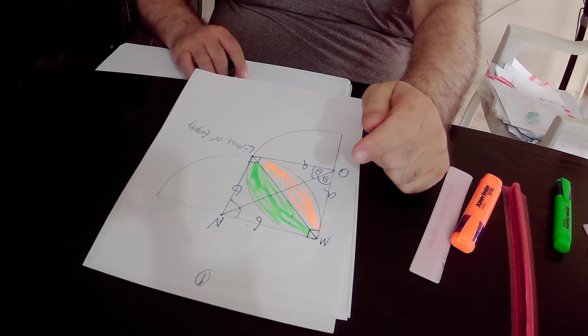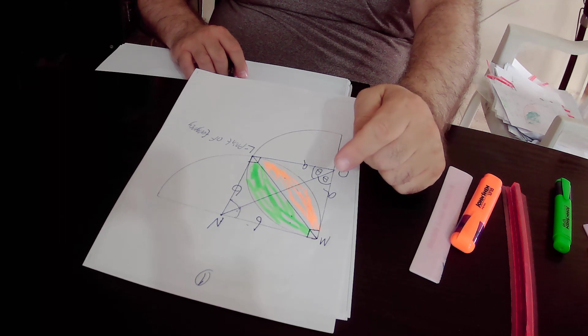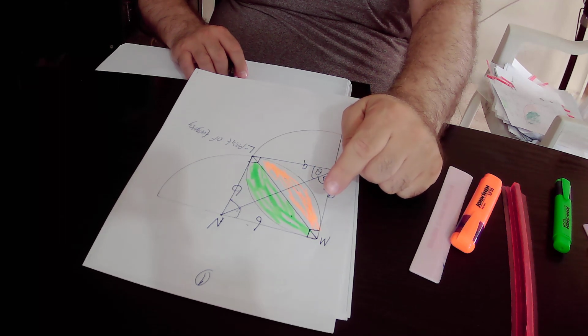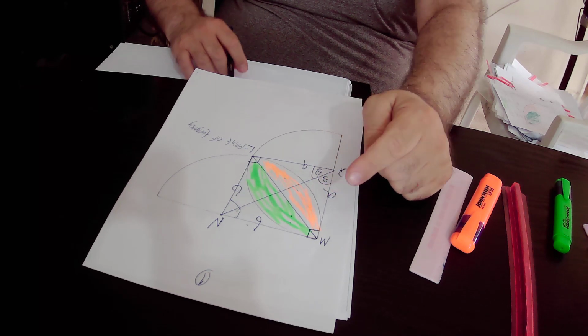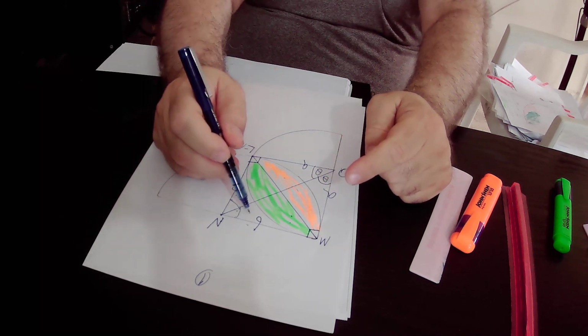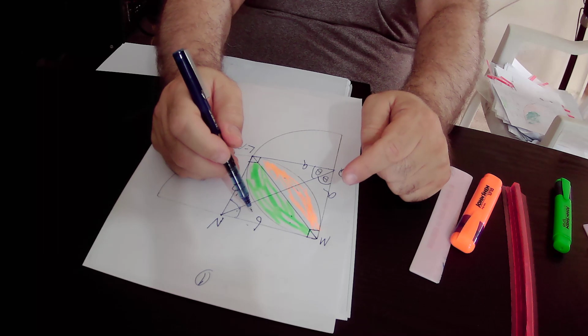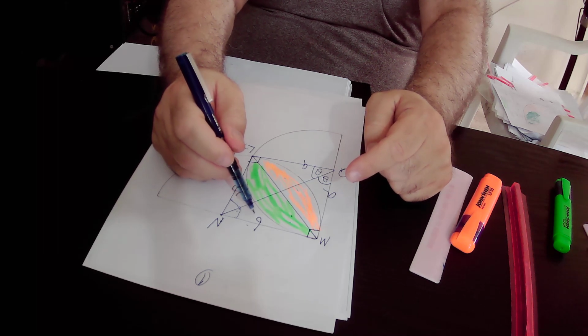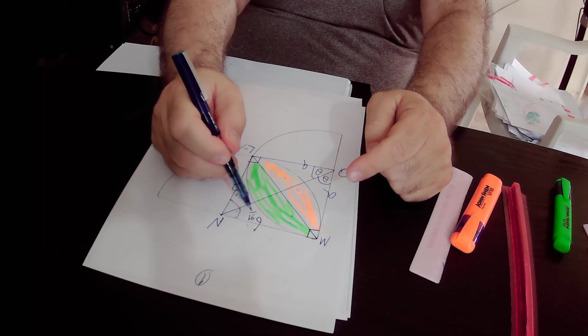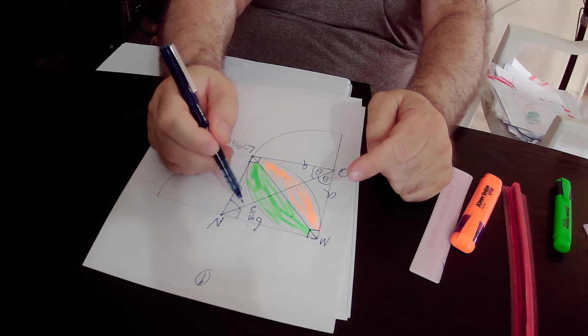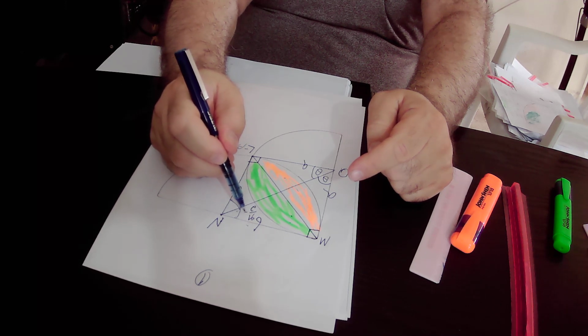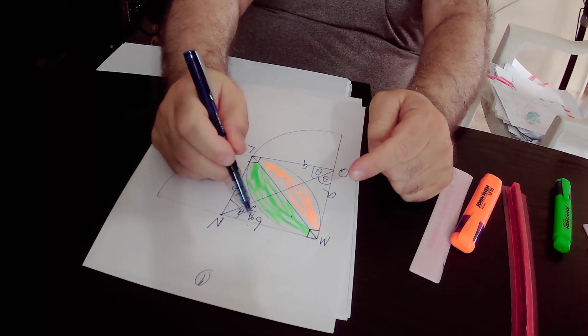But here we used radians, so 90 degrees is pi over 2 radians. So this angle equals pi over 2 minus theta radians.